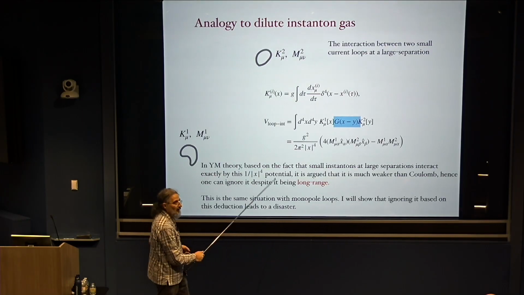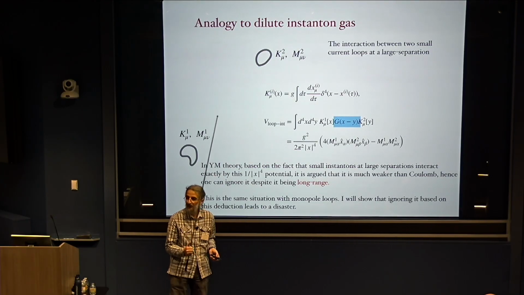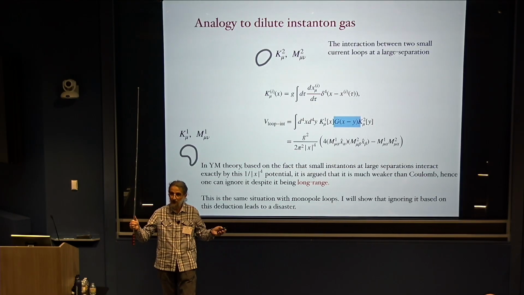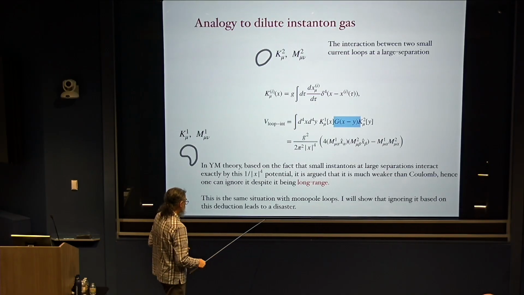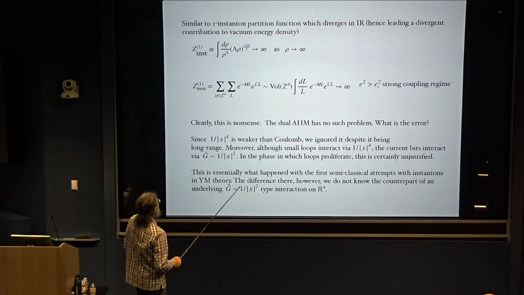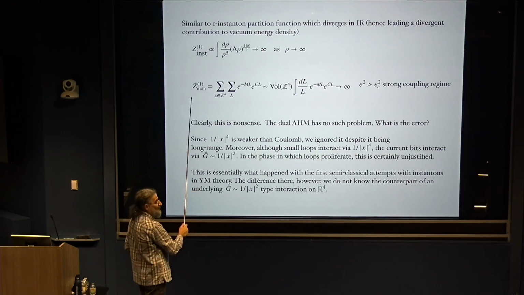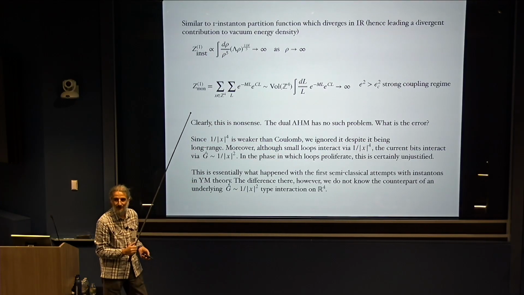So let us do what we did exactly in the dilute instanton. Yes, let us ignore the interactions between loops, and look what happens. So this was my moduli size integral, but now I want to calculate one monopole contribution to the partition function.